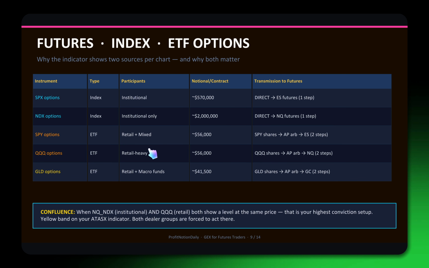So you'd buy or sell SPY or QQQ. But there's this process called arbitrage, where intermediary firms help arbitrage the difference between those trades on the SPY to then make those same trades on the ES, which would then influence ES futures. And that is the reason why it's important to have those levels.